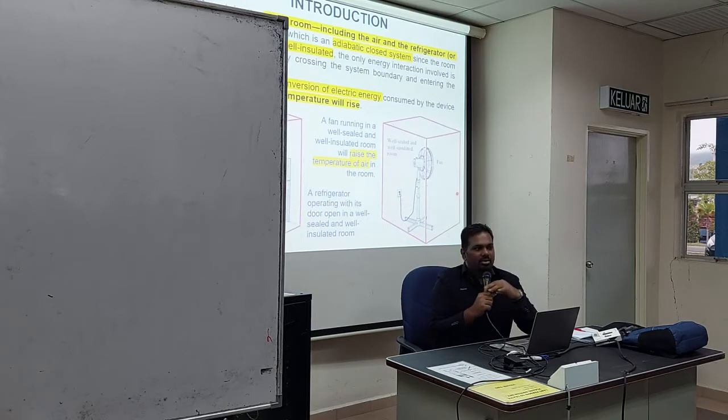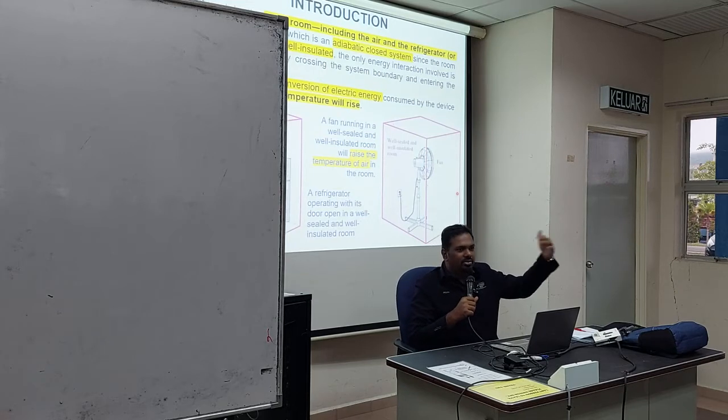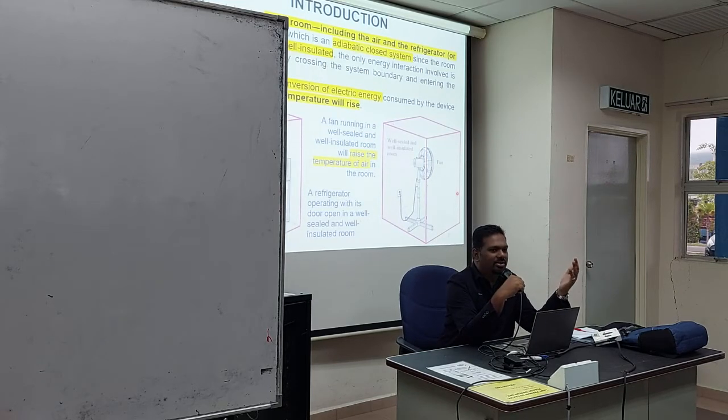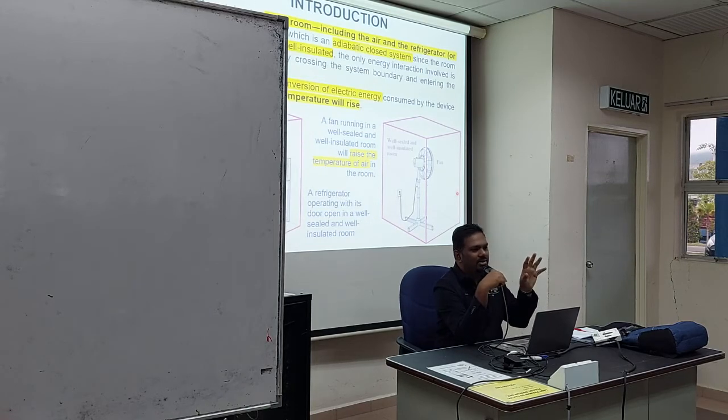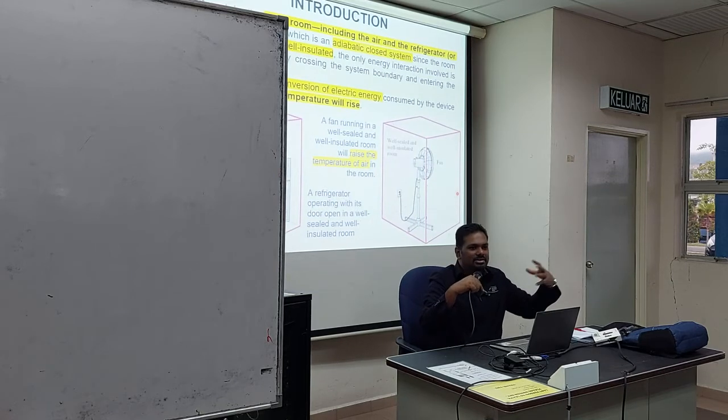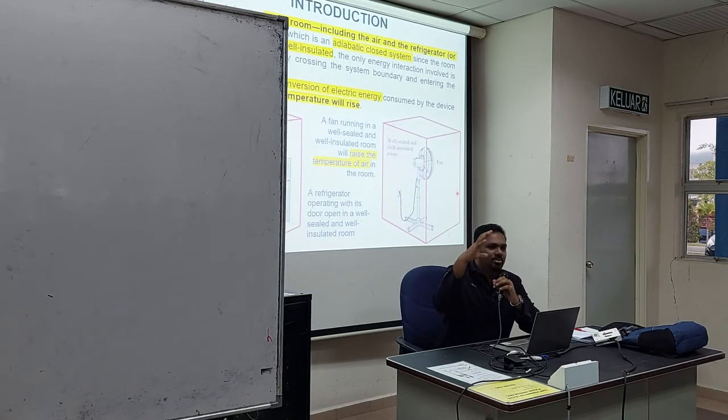Kalau you balik rumah, you boleh check belakang fridge, walaupun dalam tu sejuk, belakang tu still panas. Sebab dia ada heating element ataupun cooling element, so dia perlukan some kind of energy transfer. Kipas pun, depan you dapat angin yang sejuk, tapi you sentuh motor tu dia akan jadi panas.